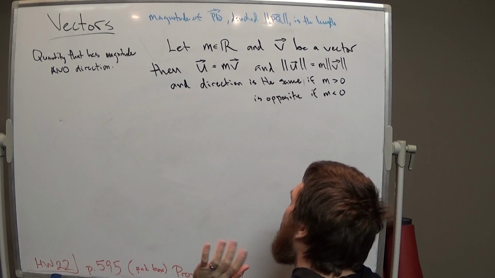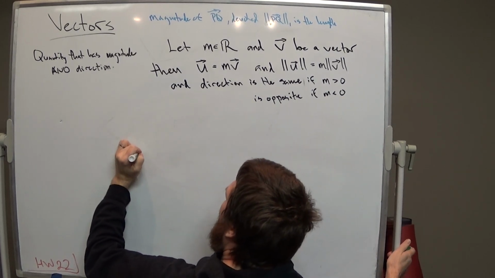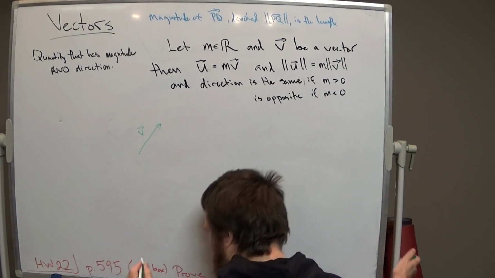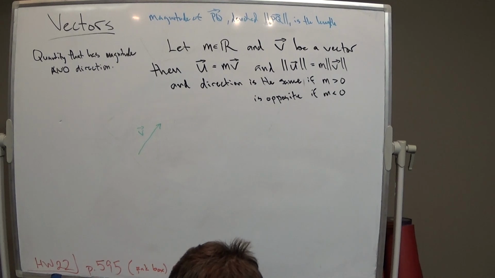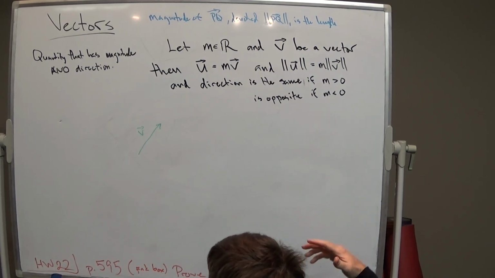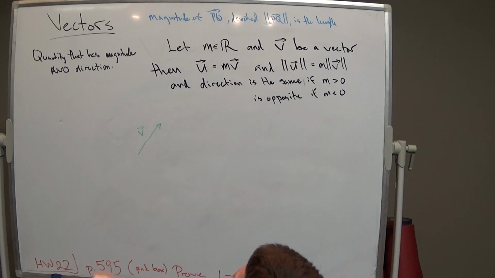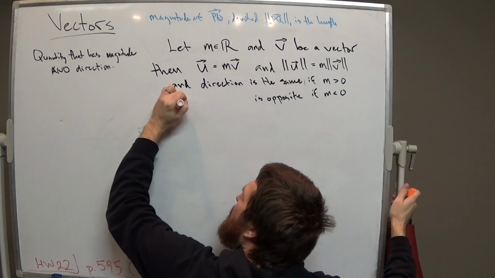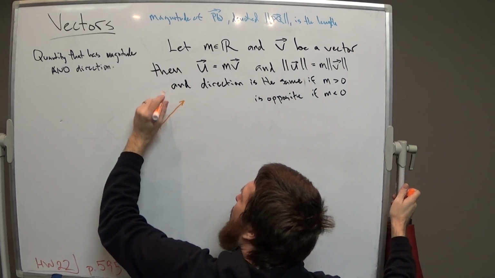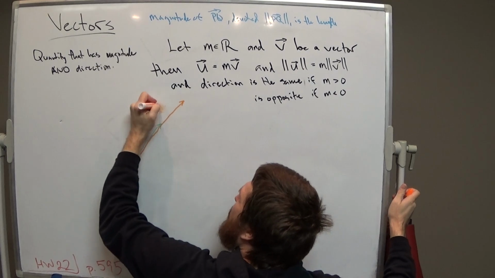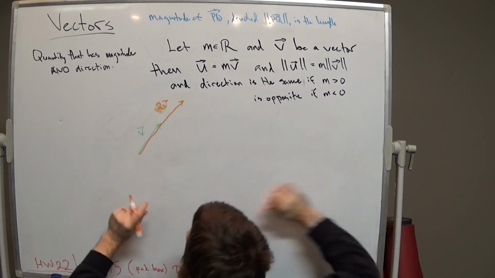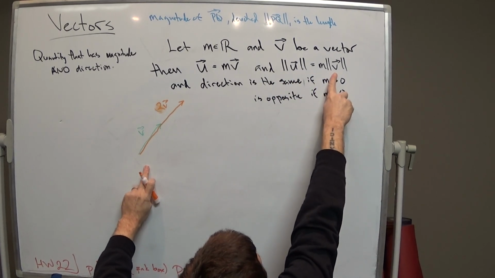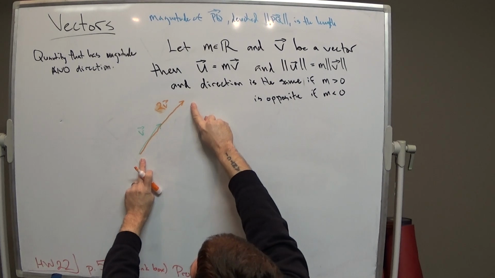It's starting to get a little bit more concrete because now I'm going to draw a vector V. I'm going to have different M's that I'm going to use. How about M is 2? If M is 2, then what that does is it basically stretches this guy out. Oh, I wanted specifically 2 times V. What it does is it just makes it twice as long, right? Because that's what that means. It's whatever M is times the magnitude, and it goes in the same direction.